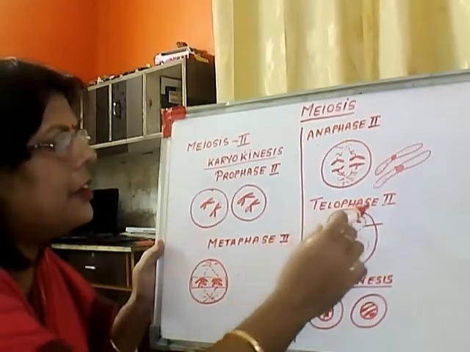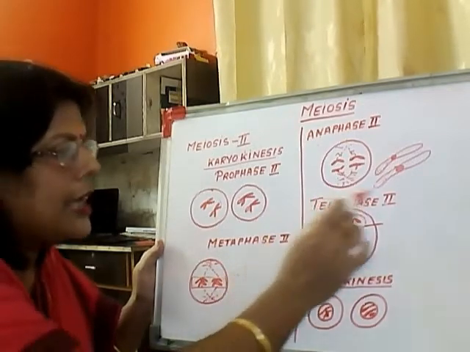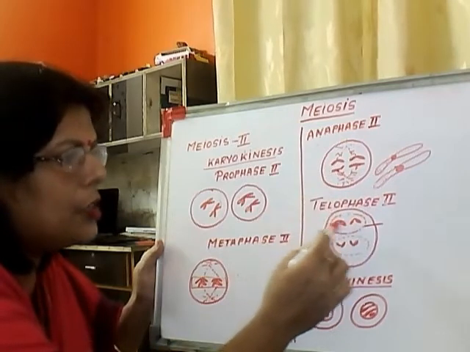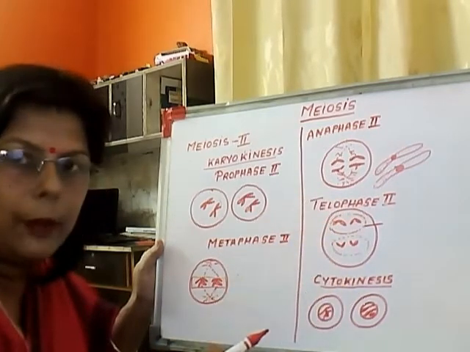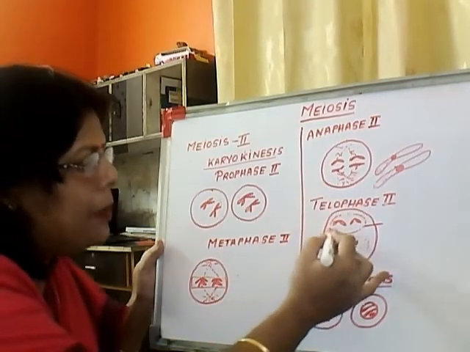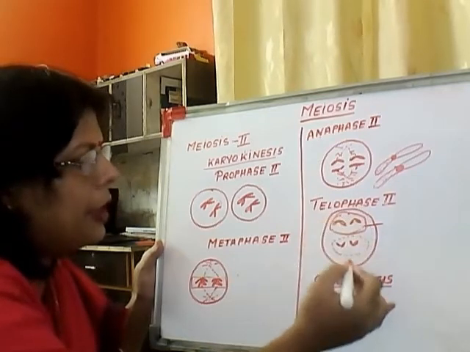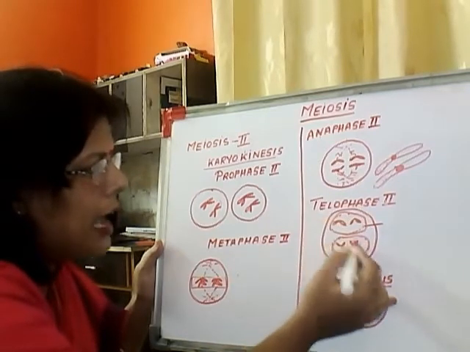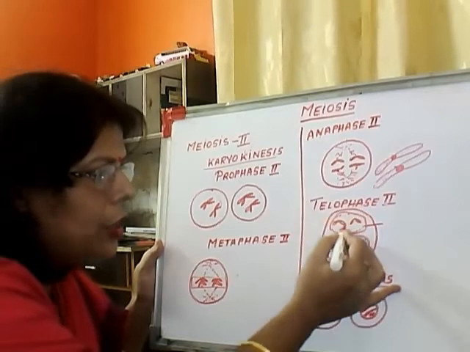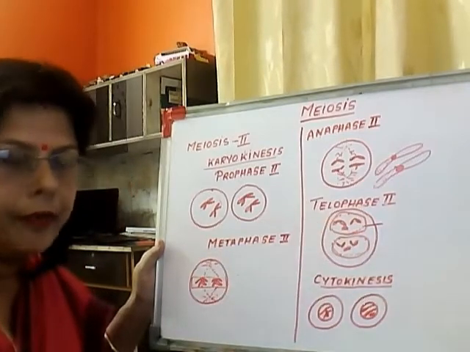Then it enters into telophase 2. In telophase 2, the daughter chromosomes reach their respective poles, and the nuclear membrane appears, even the nucleolus appears here.